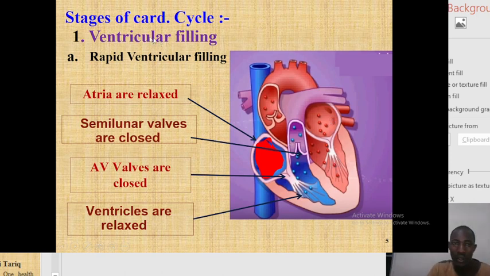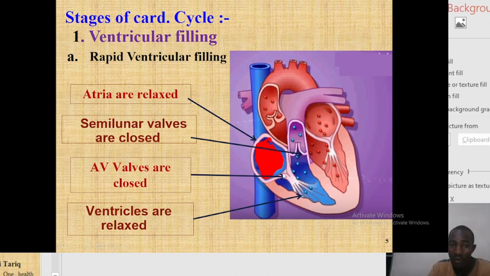So if we start with the ventricular filling, the ventricles need blood to enter within them because the previous blood has been pumped. What happens during ventricular filling? We talked about the valves. These valves, we have two types.